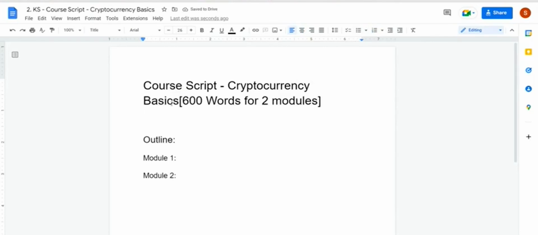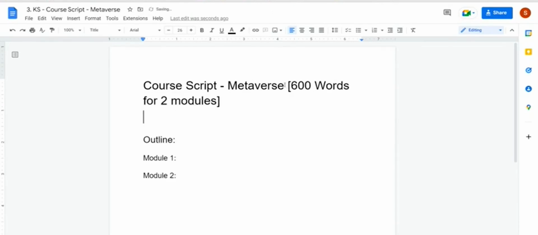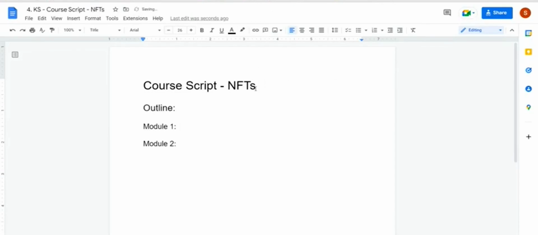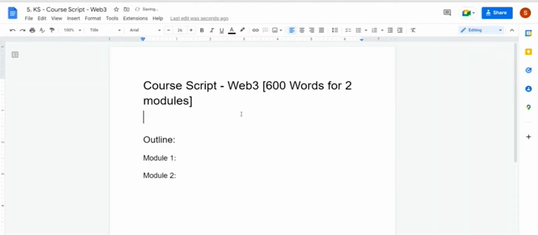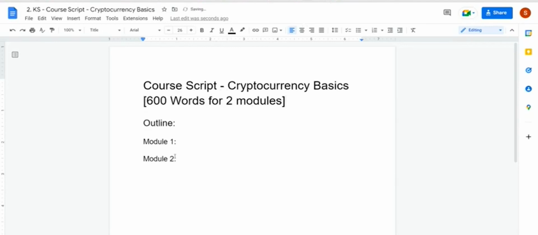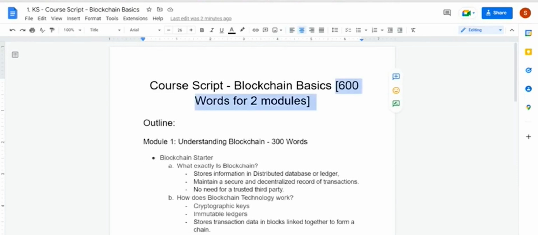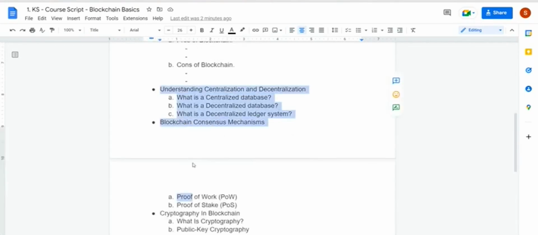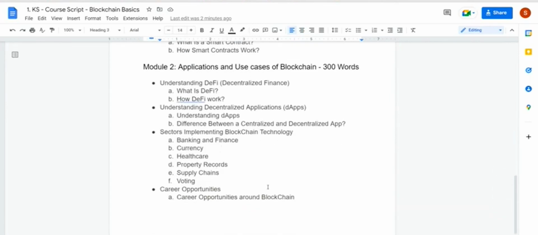Okay, I hope you understand what to do now. So you set out the key talking points and ideas like this, and it should work in this way.